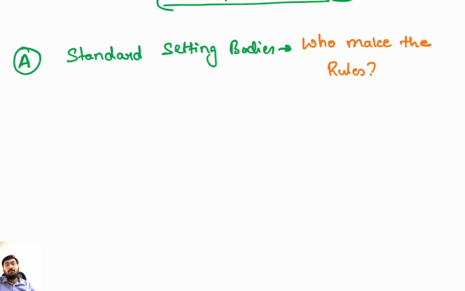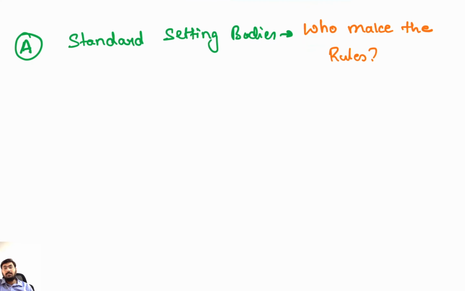Write down, these are professional bodies made of accountants and experts. They create the accounting standards that companies follow while preparing the financial statements.